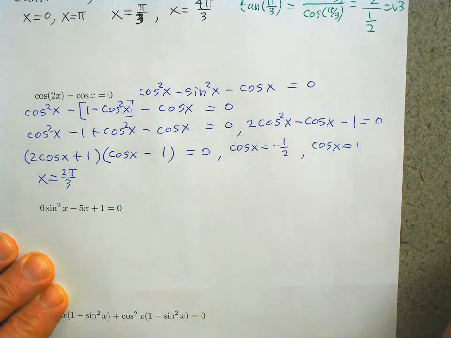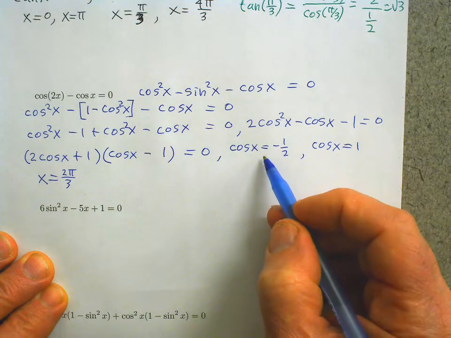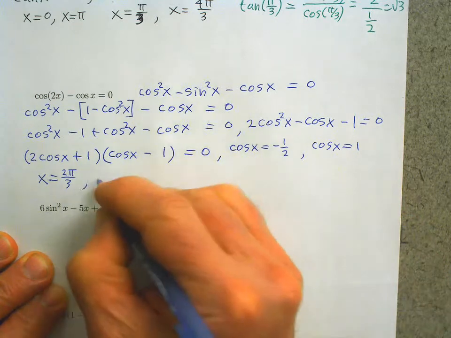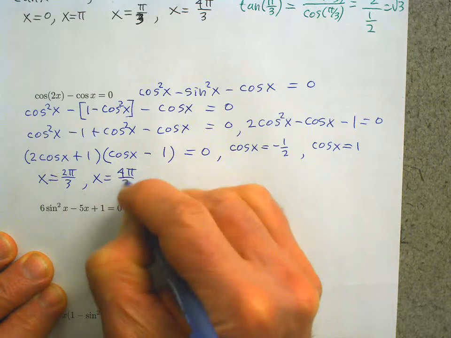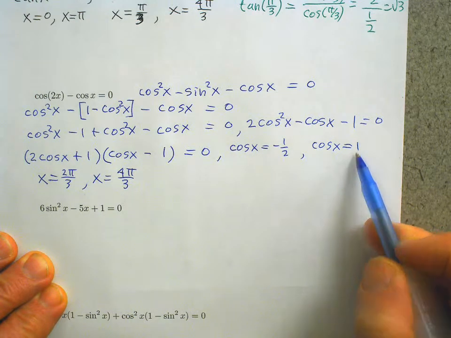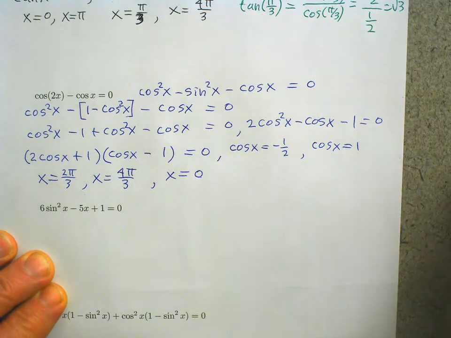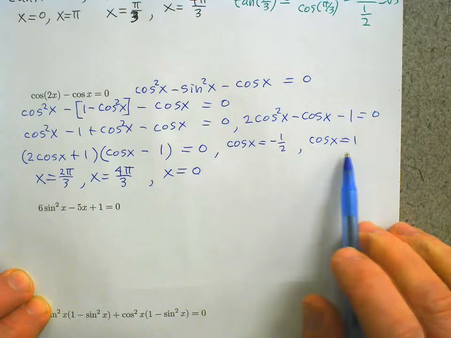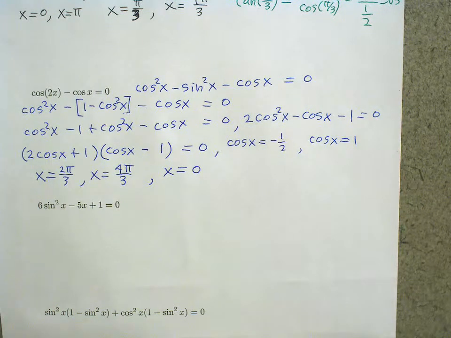Cosine of 2 pi over 3 is equal to negative 1/2. And then also in the third quadrant, x equals 4 pi over 3. And cosine of x equals 1 when x is 0. It also equals 1 when x is 2 pi, but we're excluding 2 pi.